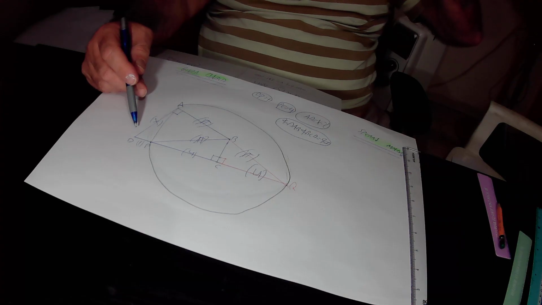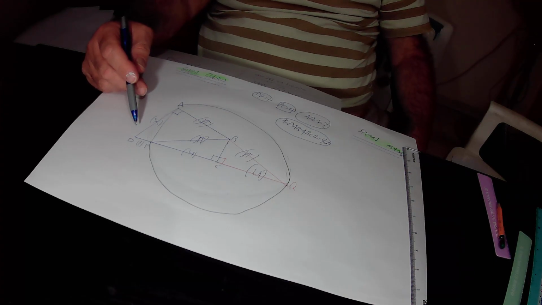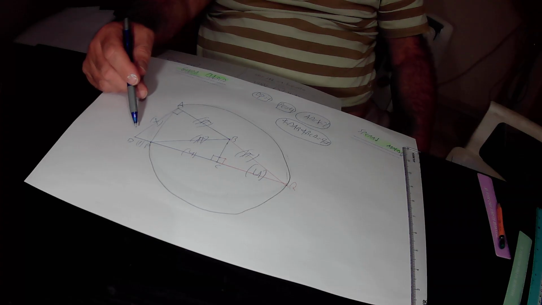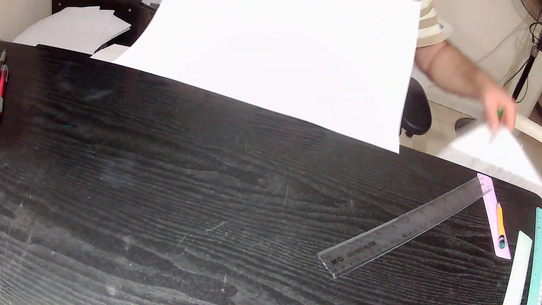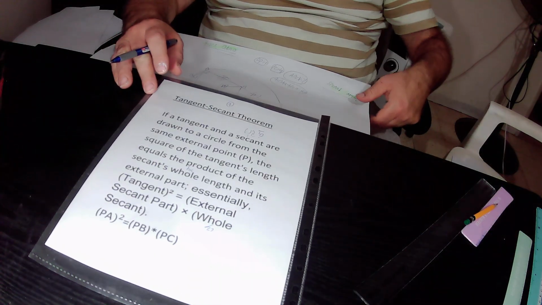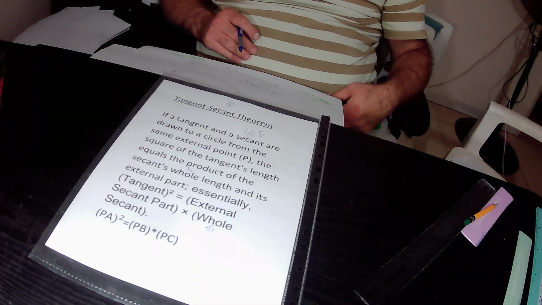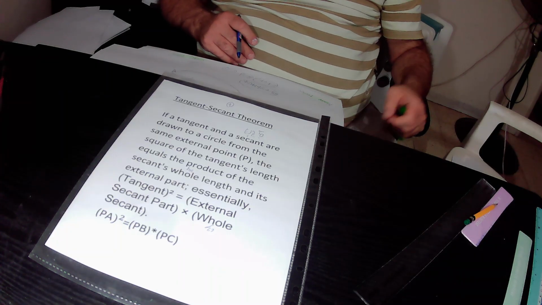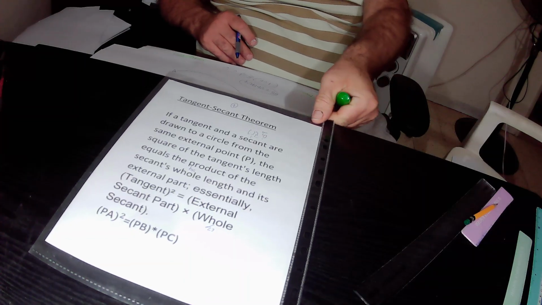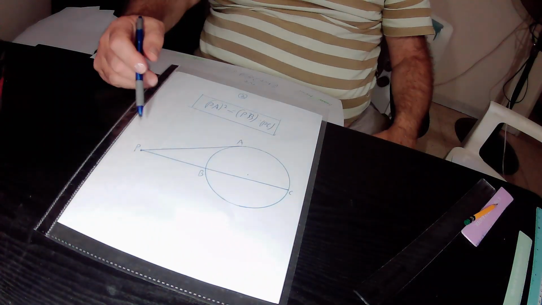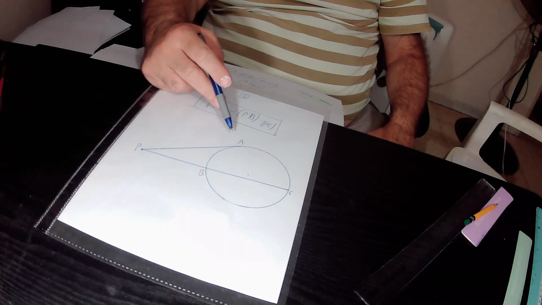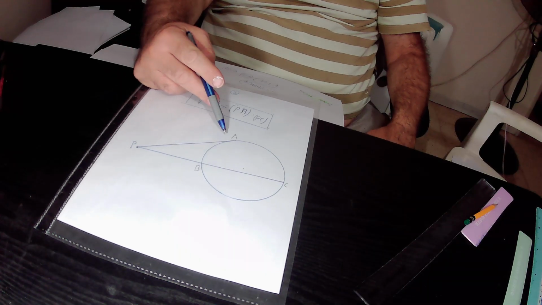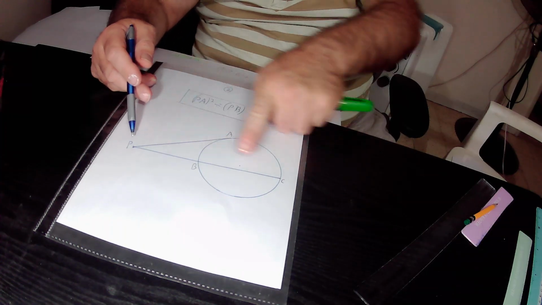Actually, all the requirements of the tangent secant theorem are satisfied, and therefore we can implement the tangent secant theorem on this external point D. According to the tangent secant theorem, if a tangent and a secant are drawn to a circle from the same external point P, we have tangent PA, that is tangent to the circle at point A. Likewise, we have secant PC.